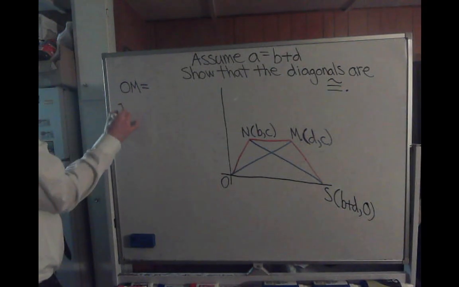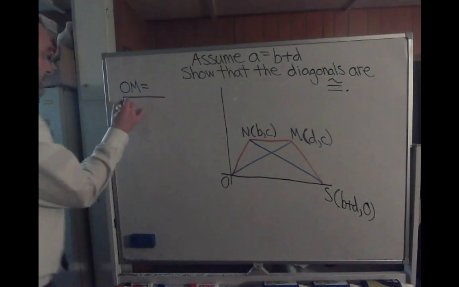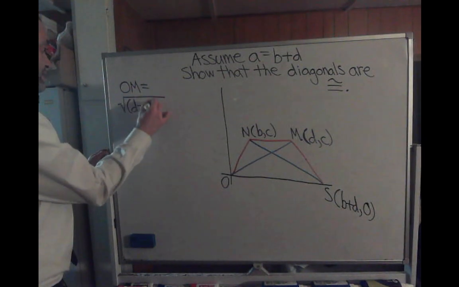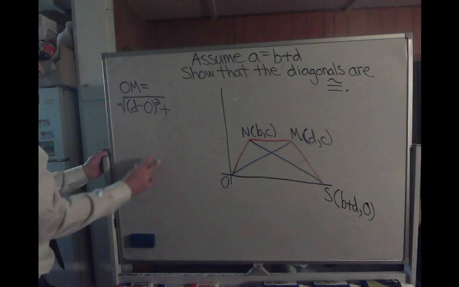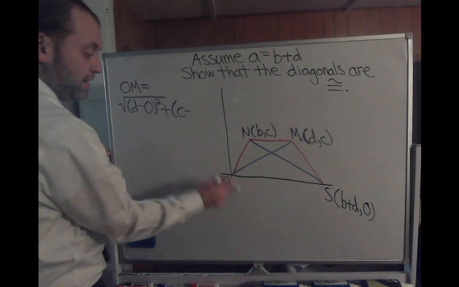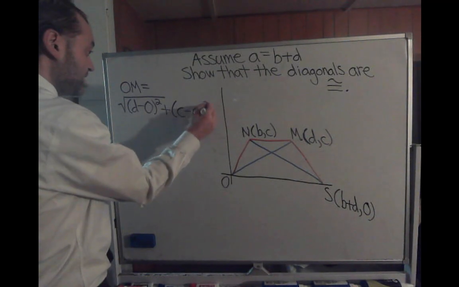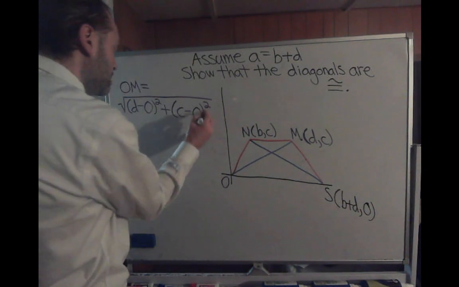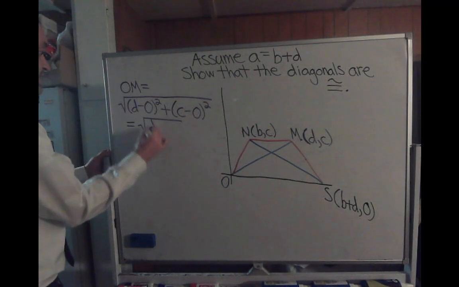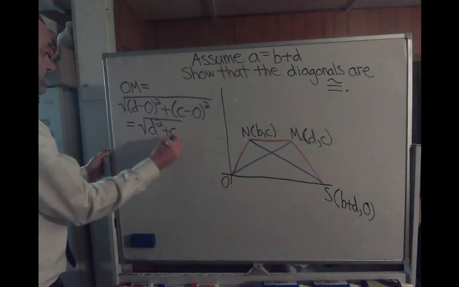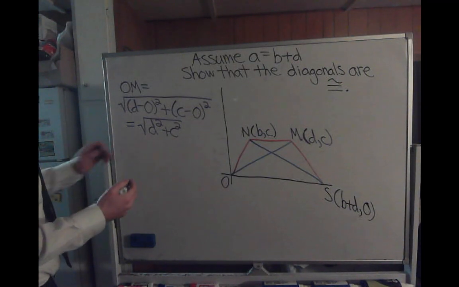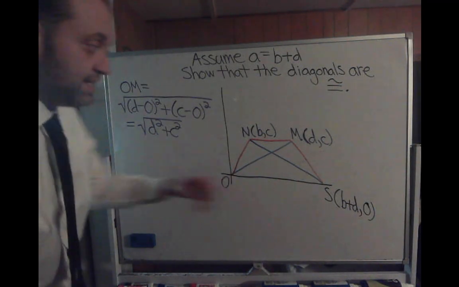Well, of course, take your x2 of D minus your x1 of 0, raise that to the second power, plus take your y2 of C minus your y1 of 0, raised to the second power, which of course would just simplify into the square root of D squared plus C squared. Alright, now we need to find the length of NS.